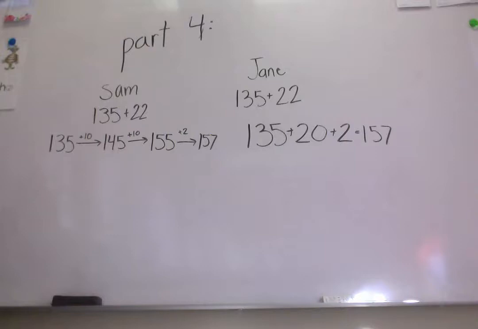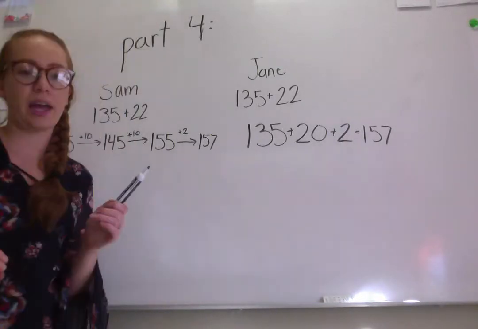Now, it says explain why the 2 ways are correct. So if you're going to explain why they're both correct, you are then going to use words to describe why they are correct.